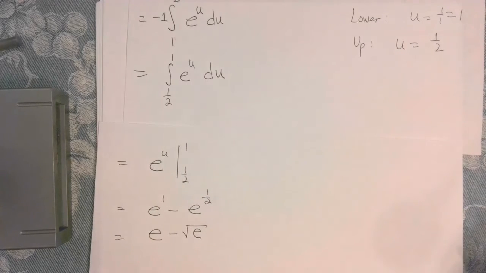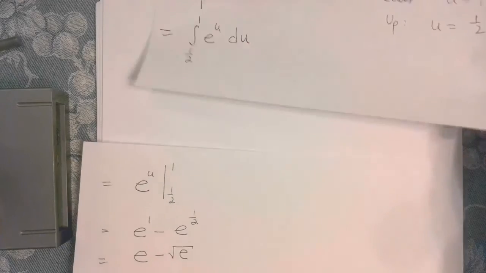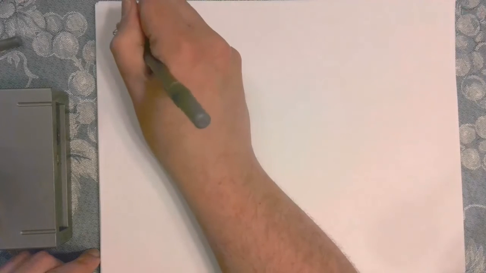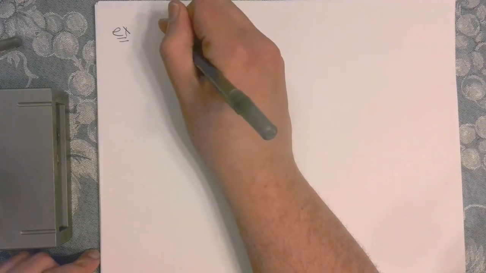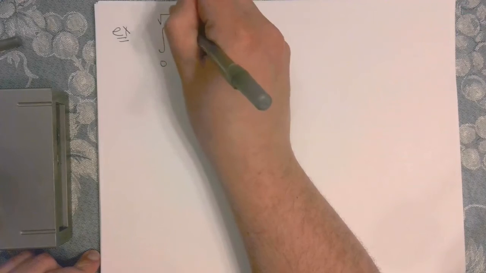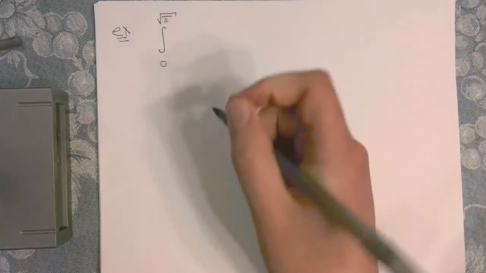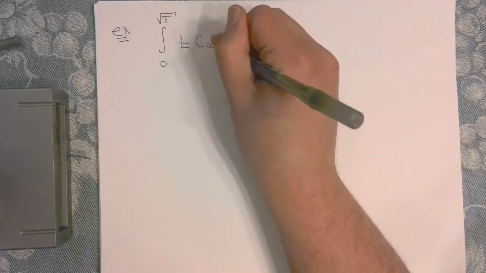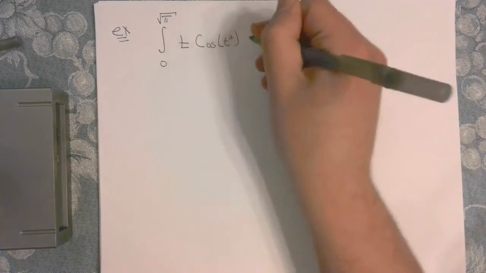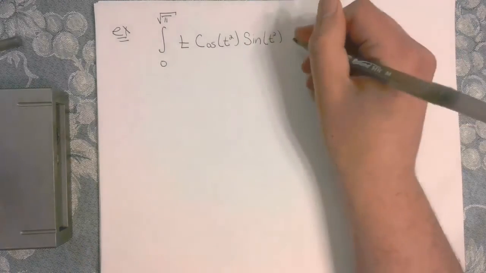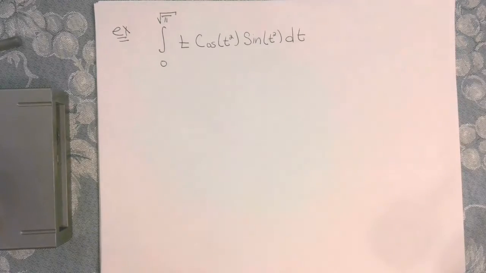Okay, so let's go ahead and try another one. Let's say we've got the definite integral from 0 to the square root of pi of t times the cosine of t squared times the sine of t squared dt.